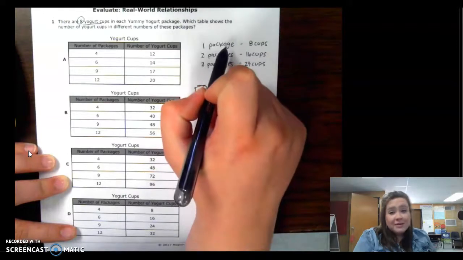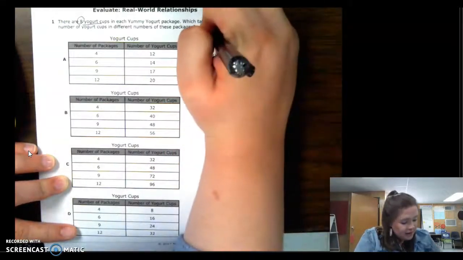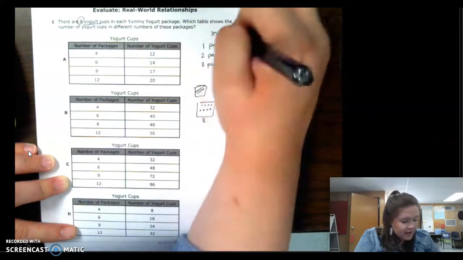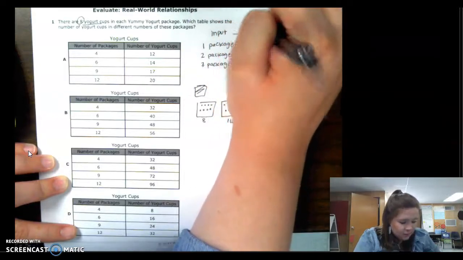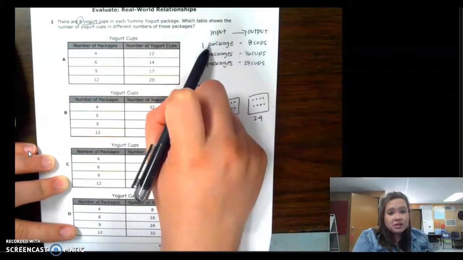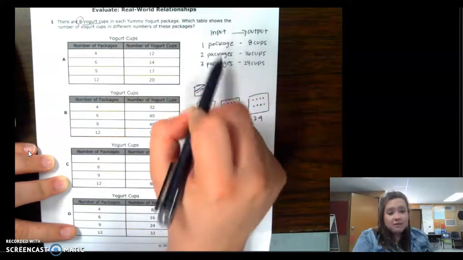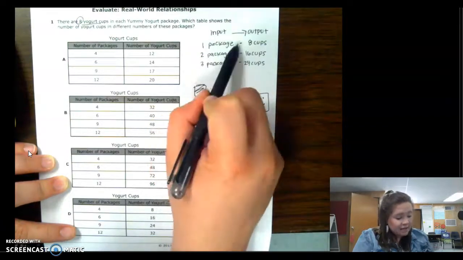Good, we're either going to be adding or multiplying because from here, this would be your input, and then something happens in the middle and your output. Okay, so when you put in 1 package, something happens and 8 cups pop out. So whatever happens right here in the middle of this imaginary machine has to happen in all of them.